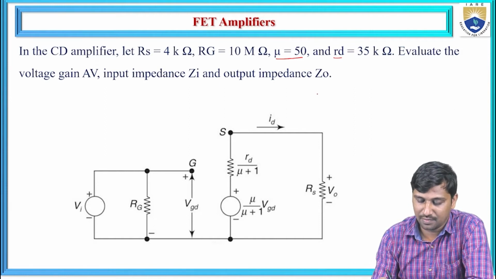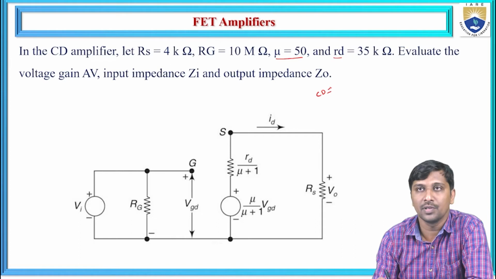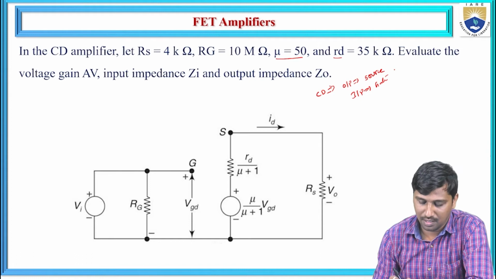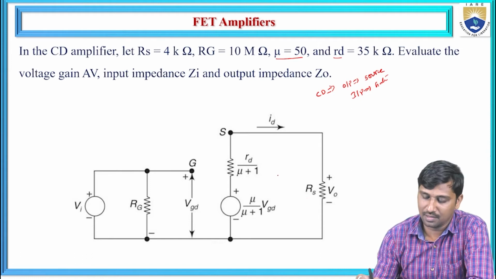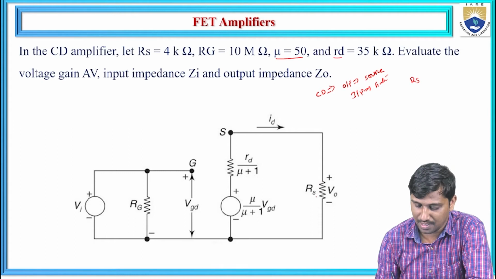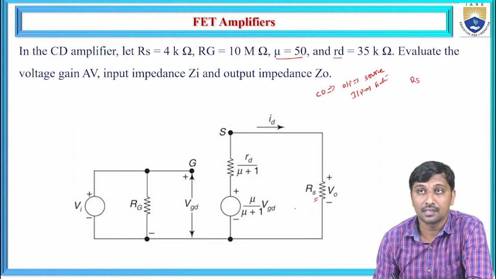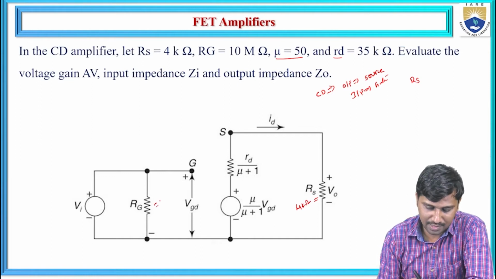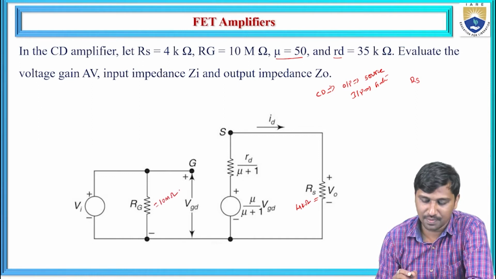For a common drain amplifier, we know that the output is taken from the source and the input is applied through the gate terminal. Based on that, the given specifications are the source resistance RS of 4 kilo ohms and the gate resistance of 10 mega ohms.